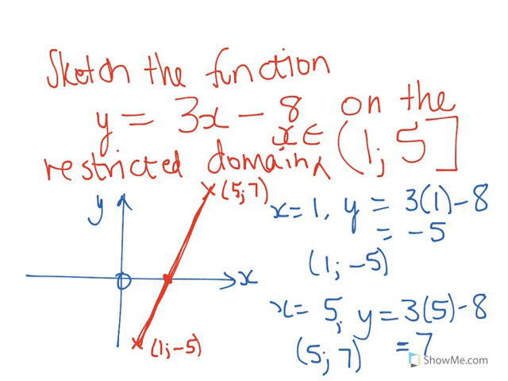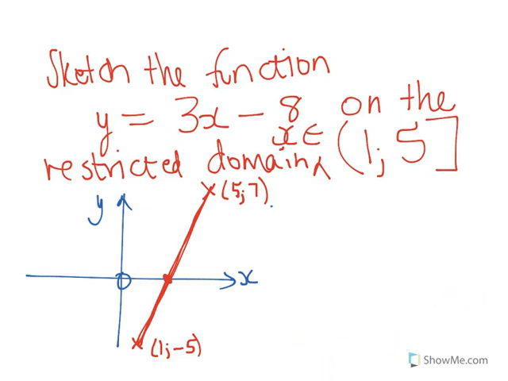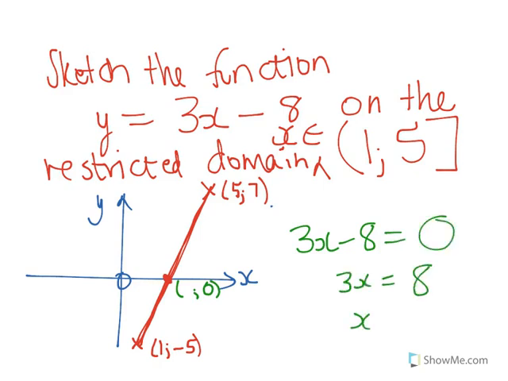So take a pause and try to figure out what that x-intercept is. Remember, x-intercept occurs where y is equal to 0. So which input is going to give me an output of 0? 3x would need to be equal to 8, and x would be 8 over 3, or 2 2/3. So those would be the coordinates of your x-intercept there.